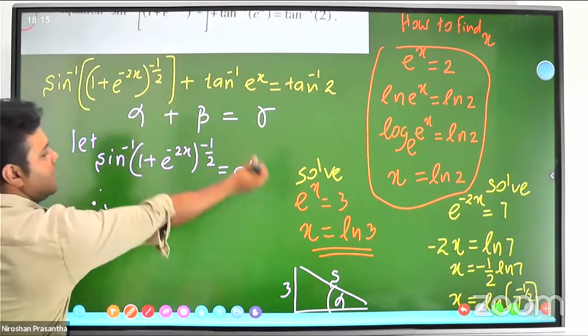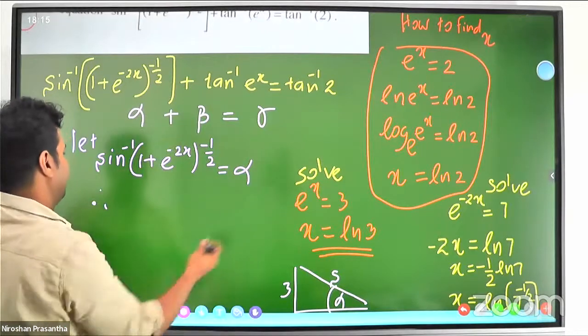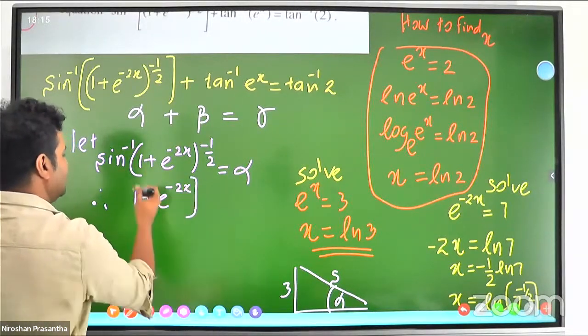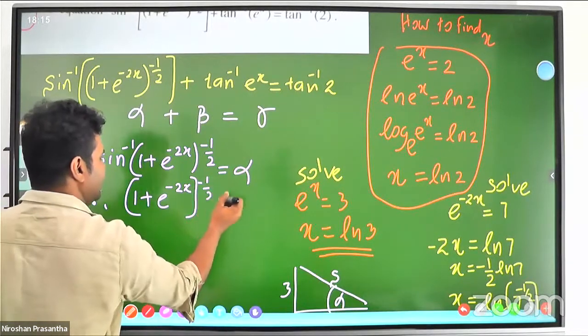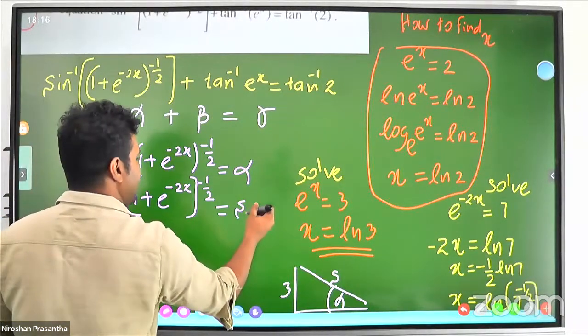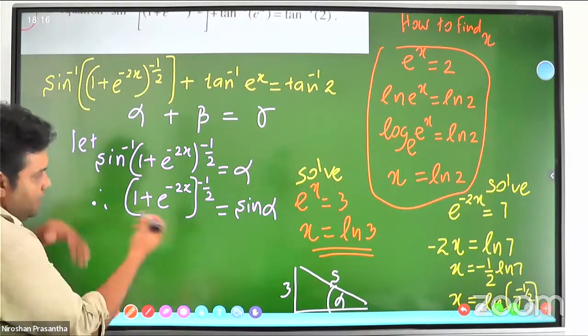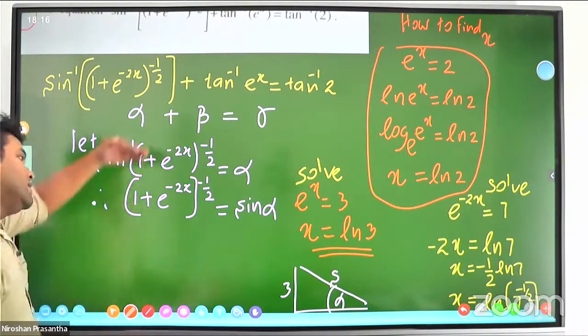Therefore, on the other side, it will be sine alpha. (1 plus e to the power minus 2x) to the power minus half equals sine alpha. To get the tan inverse connection, I must have a triangle and a ratio.